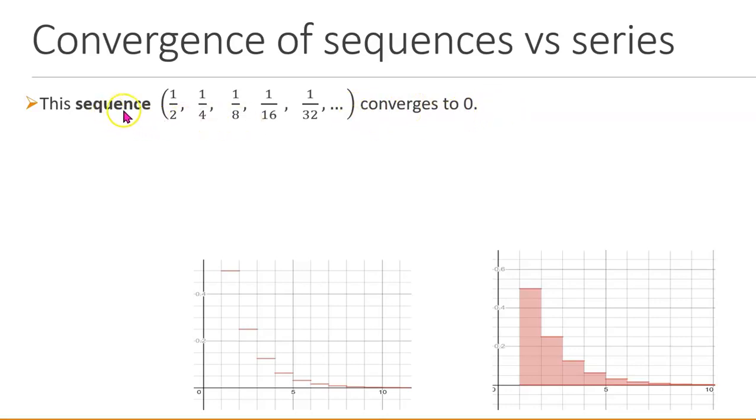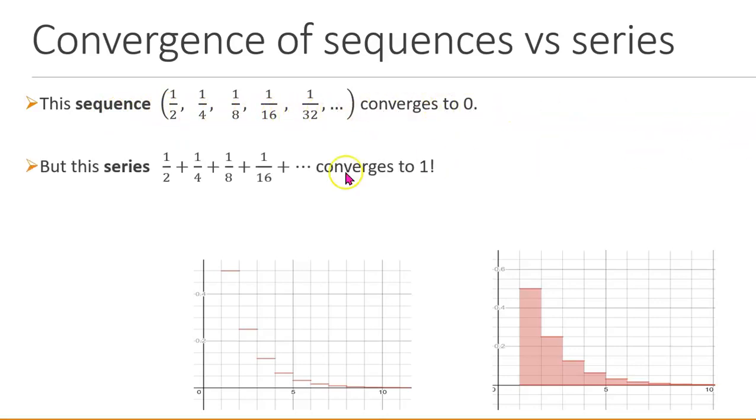We say that the sequence 1/2, 1/4, and so on converges to 0. But the series 1/2 plus 1/4 plus 1/8 and so on, the series which represents the running total, which tracks the amount of cake finished, converges to 1. Note the terminology.